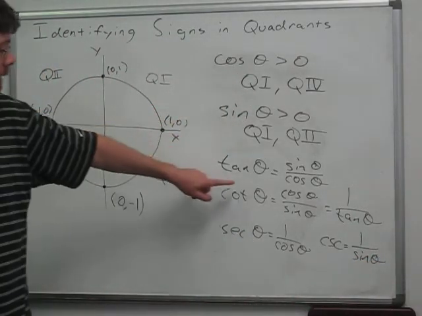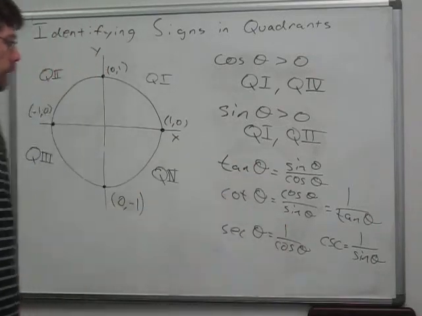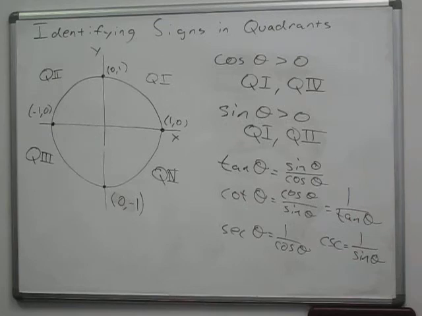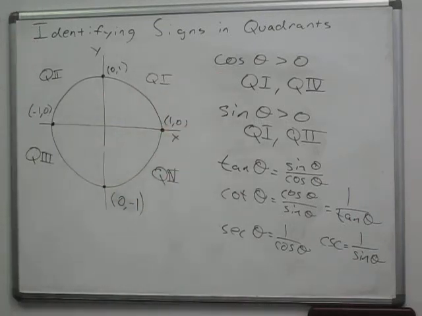The signs of these 4 trig functions can all be identified just by looking at whether or not sine and cosine is positive or negative in a given quadrant.